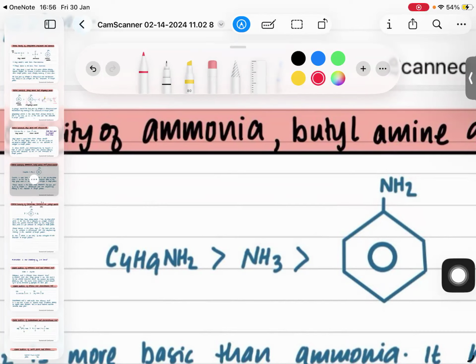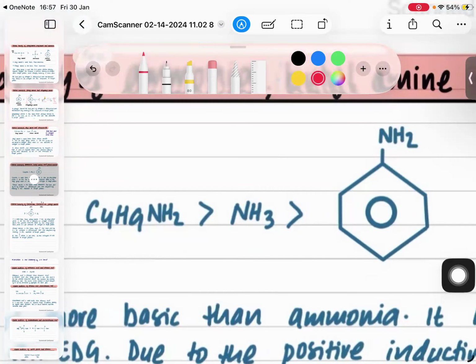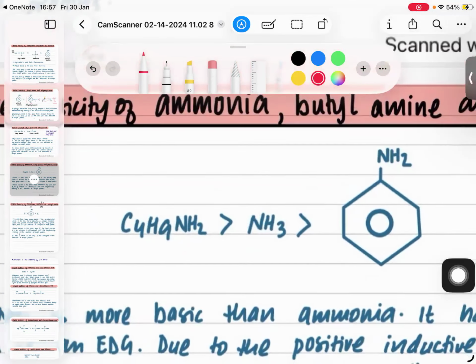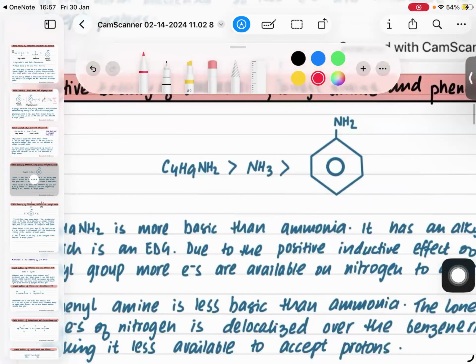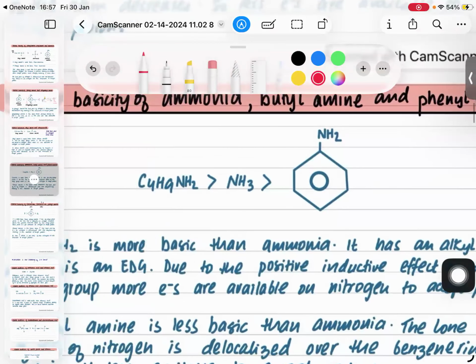The alkyl group acts as an electron donating group, making it more basic. Is it? What about the phenylamine? That acts as an electron withdrawing group.